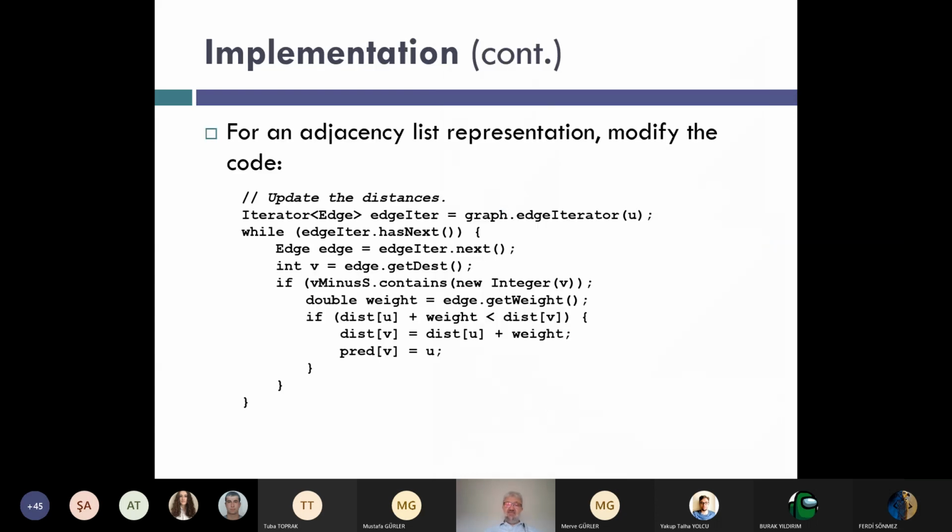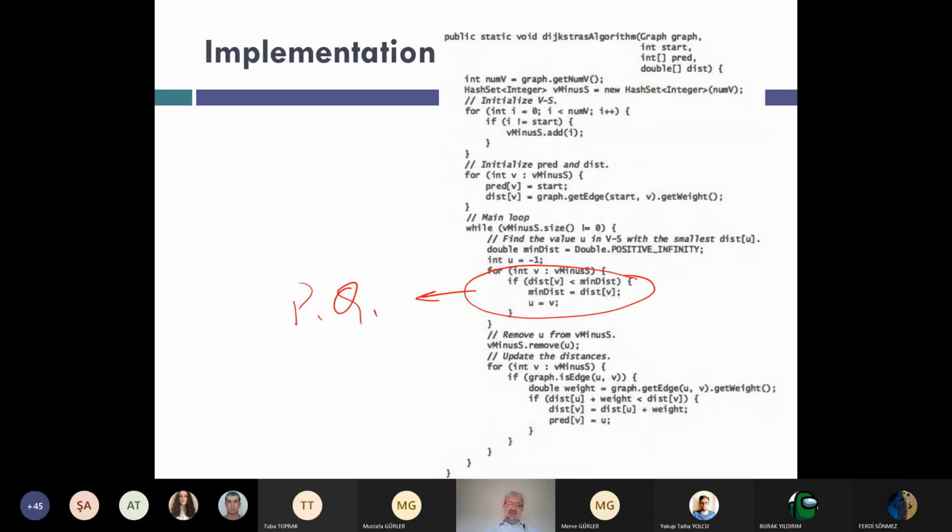For the different implementations, with adjacency list, priority queue, and hash set, you can make the running time O(m log n).